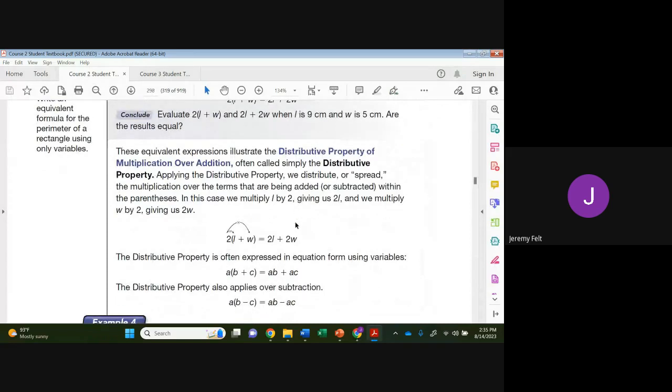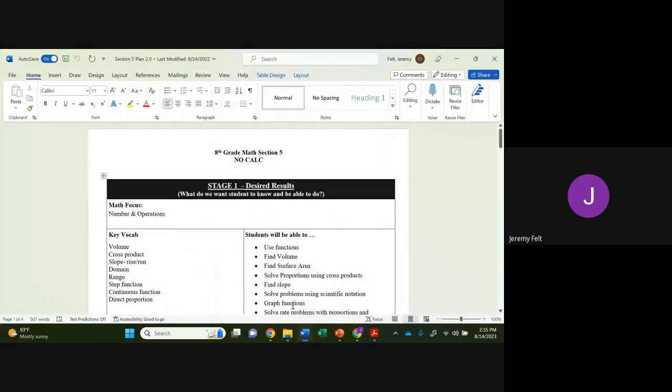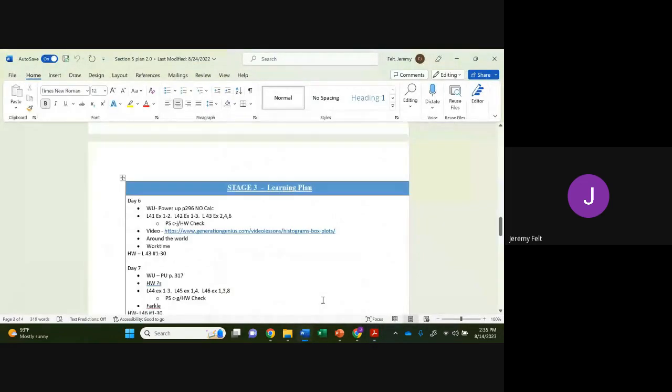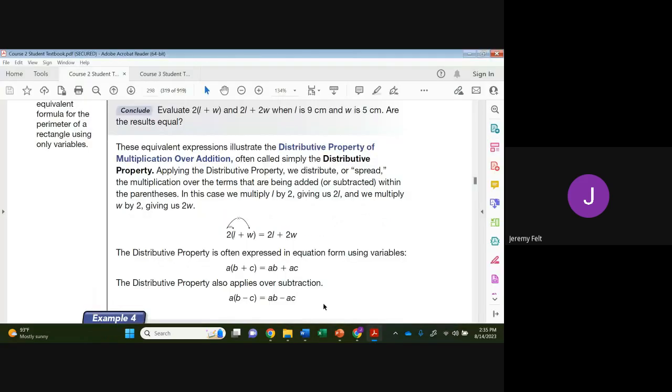Okay, now the distributive property, when we look at these, the distributive property that we have right here, okay, if we distribute these into our numbers, then we get 2 times the length plus 2 times the width. Okay, same thing we do. So we know in our order of operations that we perform whatever's in the parentheses first, but it may be that one of these is an unknown or both of them are unknown.